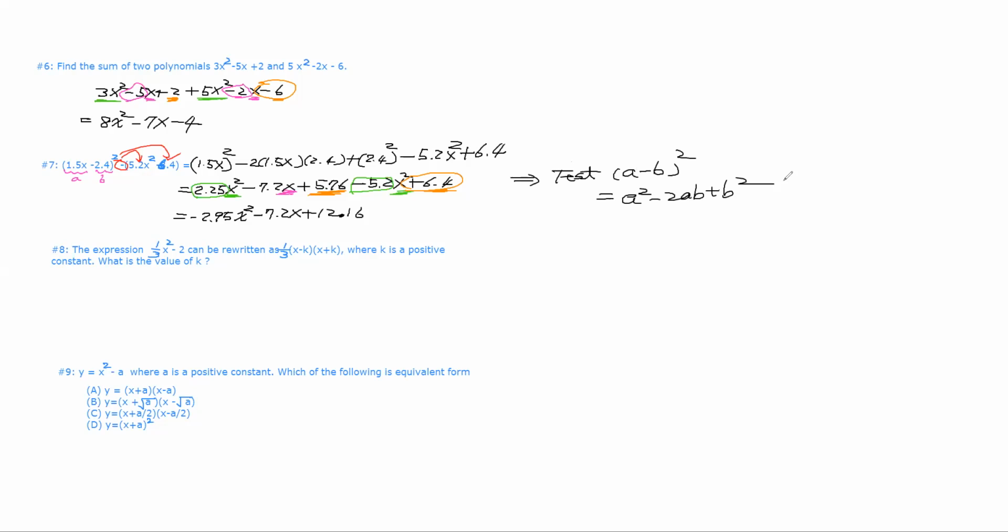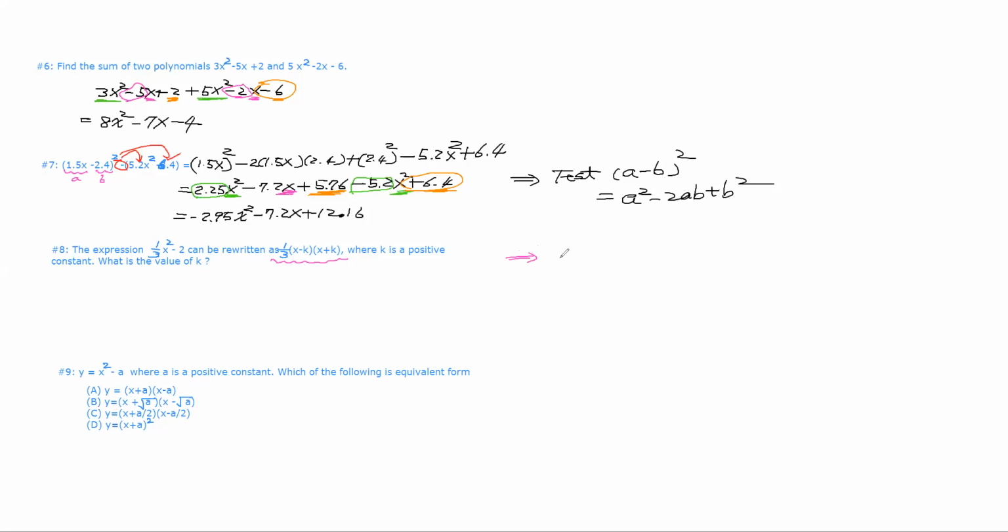Okay, so now number 8 is interesting also. Let's say the expression is 1/3 x squared minus 2, and it can be factored into 1/3 times (x minus k) times (x plus k), where k is a positive value. What is the value of k here? What is it the College Board tries to test you here?